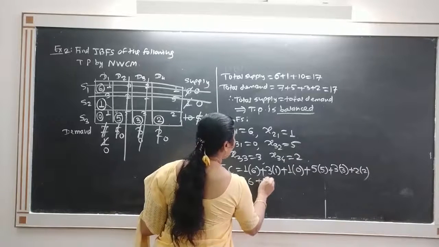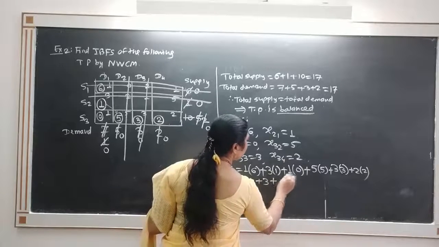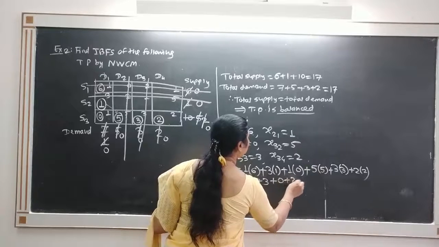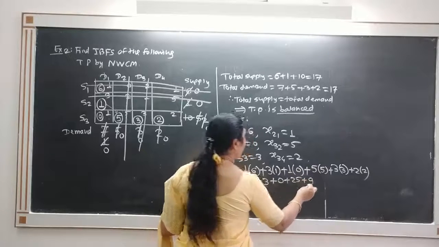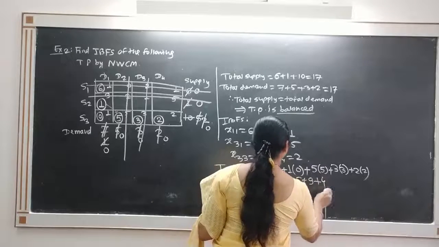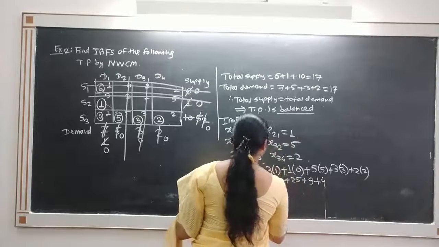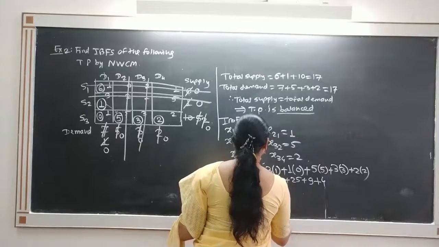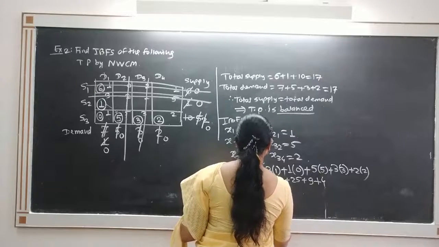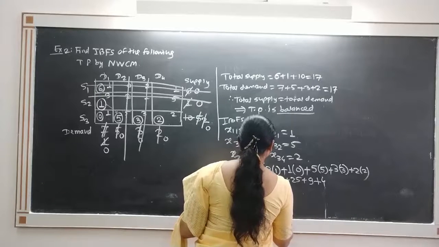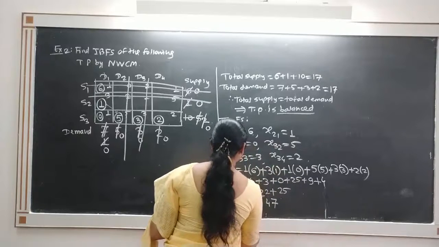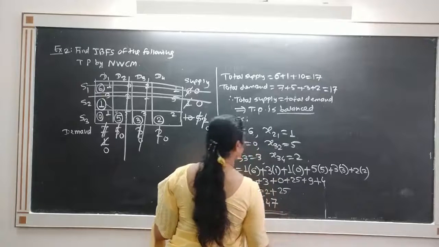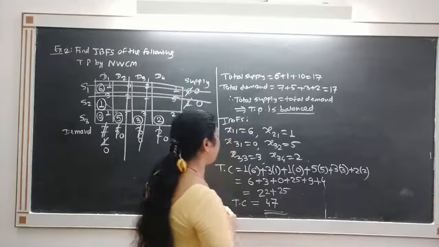It is 6 plus 3 plus 0 plus 25, 9 and 4. That is 25 plus 22, 47. So the transportation cost comes to be 47.